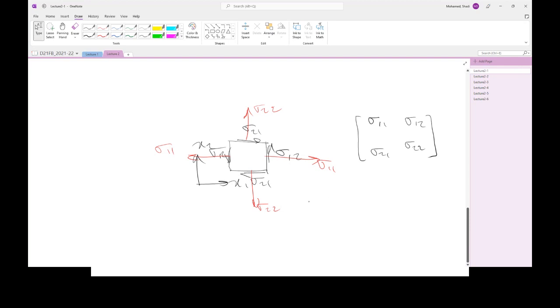Now let us change the coordinate system. Instead of using x1 and x2, let us move back to this x1 bar and x2 bar. Now, the projection of the stress will now need to happen on this square here. I'm just going to draw the square. And not to confuse you, probably I'm just going to draw the square on top of the old one.